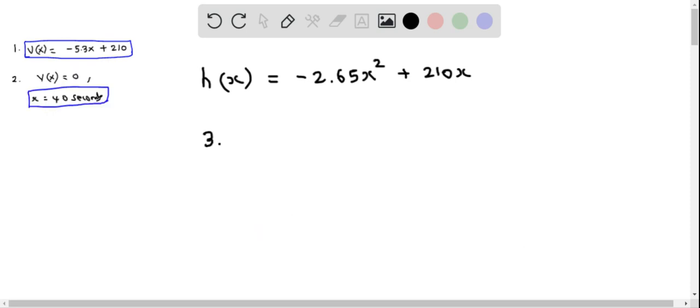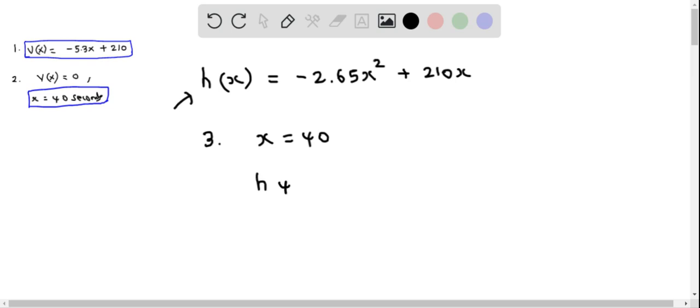In question 3, we determine the greatest height the arrow reaches. We know that the arrow reaches the greatest height when the velocity equals 0. So when the velocity equals 0, it is at the time x equal to 40 seconds. So I'm going to plug in x equal to 40 into the height function to determine the greatest height.